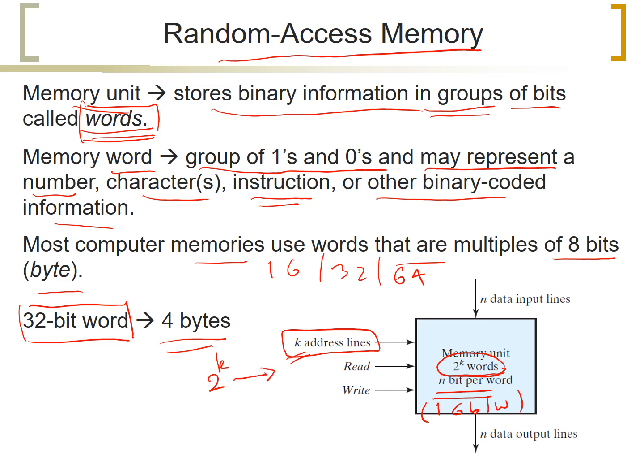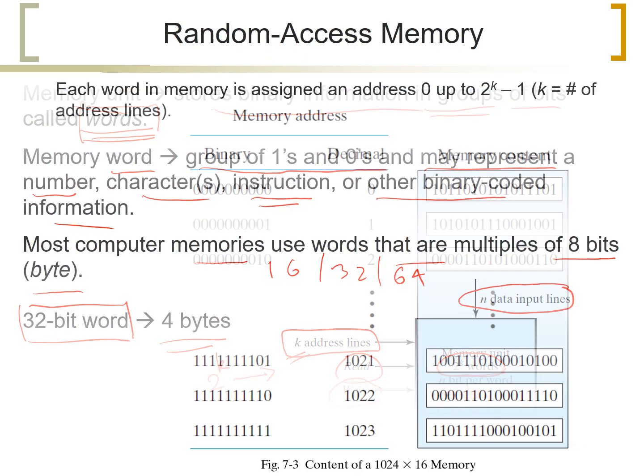And because it has n bits per word, the memory will have n data input lines, so we can store a word of n bits, and it has n data output lines, so we can read the word from the memory. And the memory usually has control inputs to be able to write or read from the memory. So that's a block diagram of the memory showing inputs and outputs.